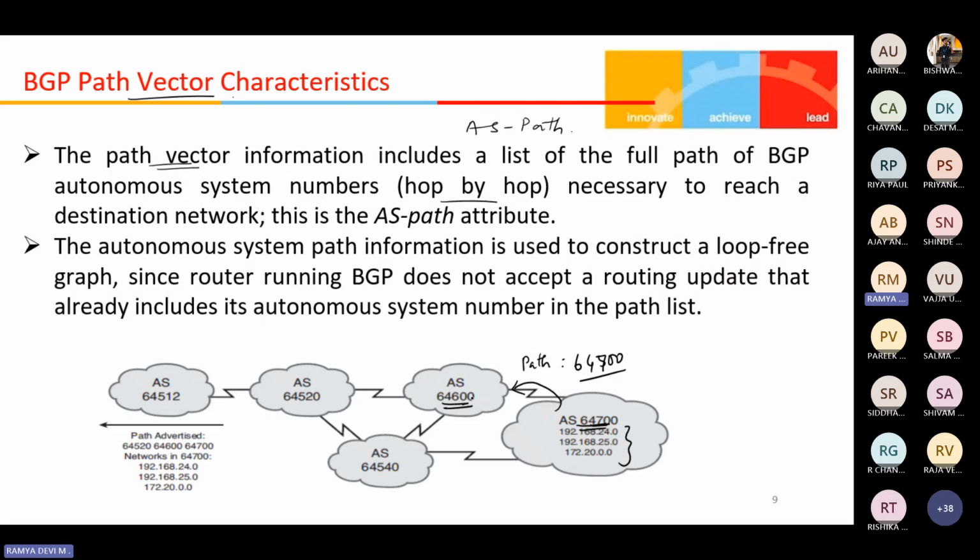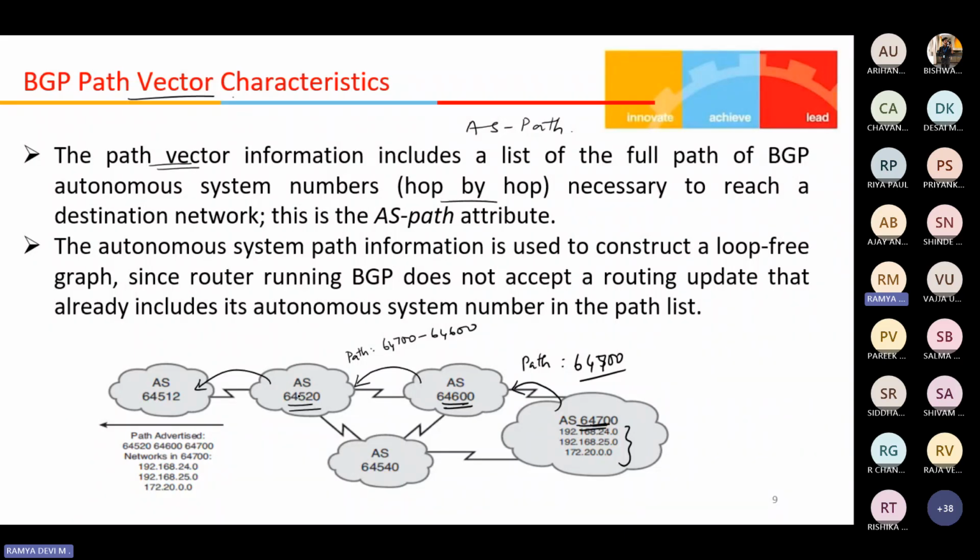When this autonomous system sends any updates to 64520, if it wants to advertise all the information it is holding in the path information, it will be adding its own number: 64700-64600. It will be appending its own number. Then if it moves on to the next autonomous system, it will add its own number. This is how the path update will happen.